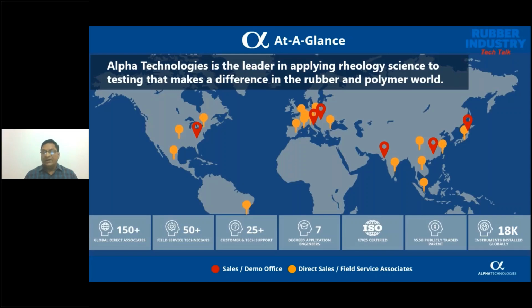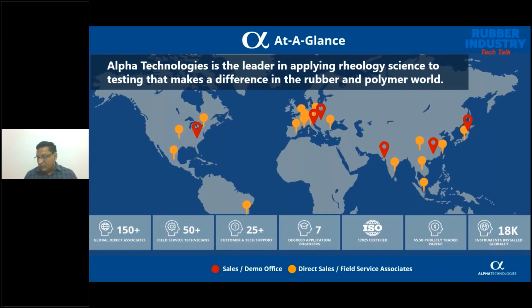For example, ASTM D5289, when it was first introduced, was based on our moving die rheometer, and it revolutionized the rubber industry by improving productivity and setting a new standard for quality control.